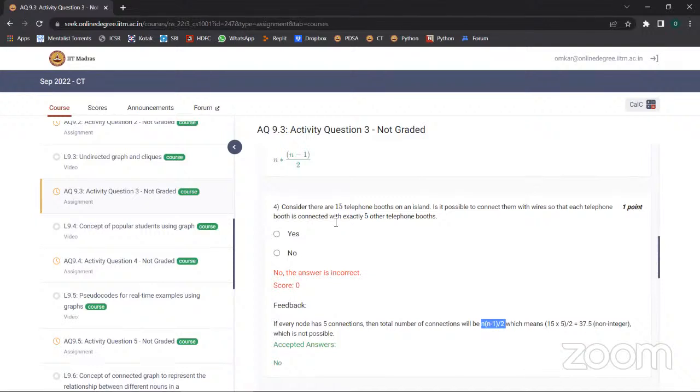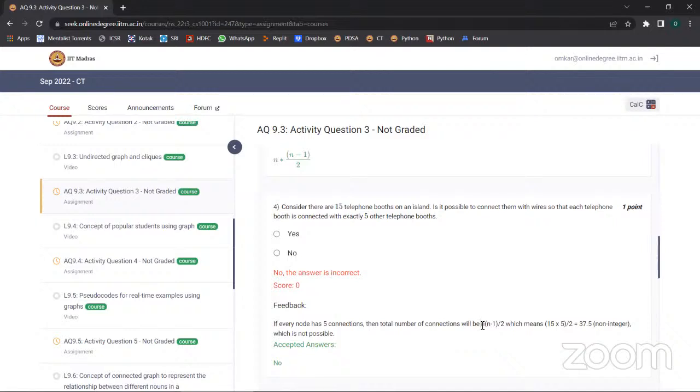If there are 15 telephone booths and I want to connect each one with every other telephone booth, that is a complete graph, or a clique. Then the total number of edges is 15 into 14 divided by 2.